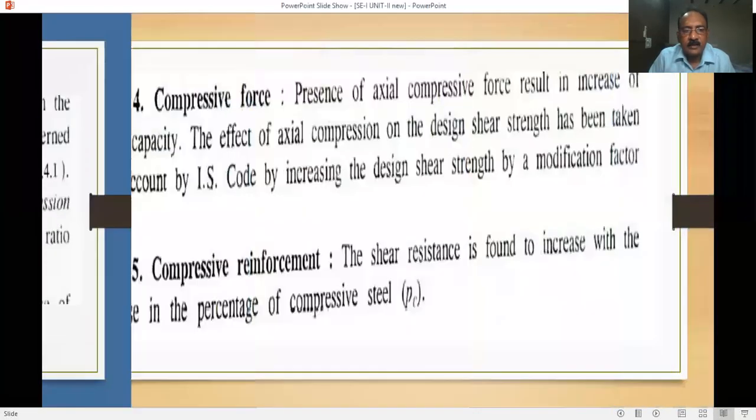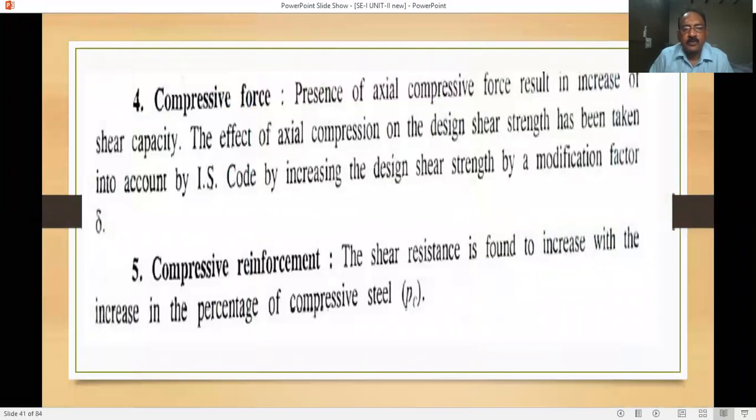See, next factor, compressive force. The presence of axial compressive force results in increase in shear capacity. This effect on design strength has been taken into the IS 456 code book by increasing the design strength by a modification factor delta.